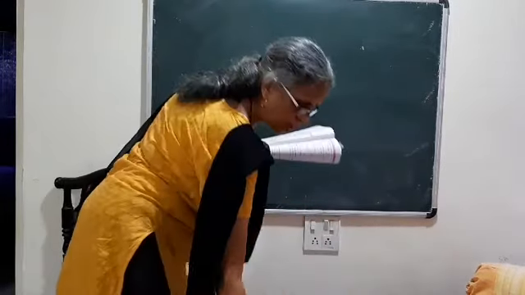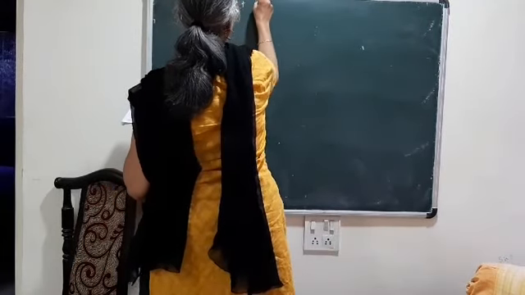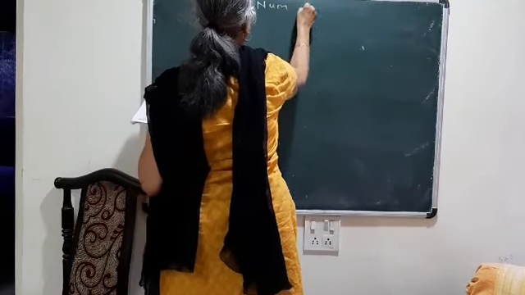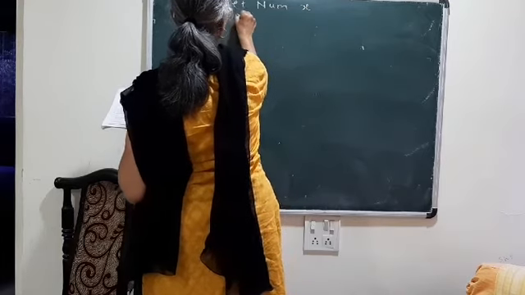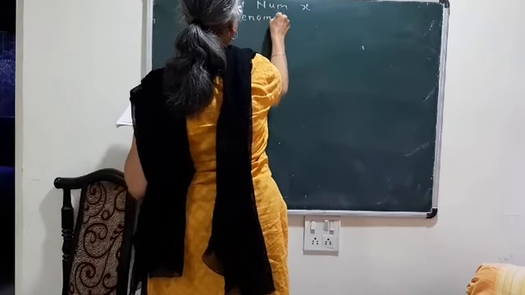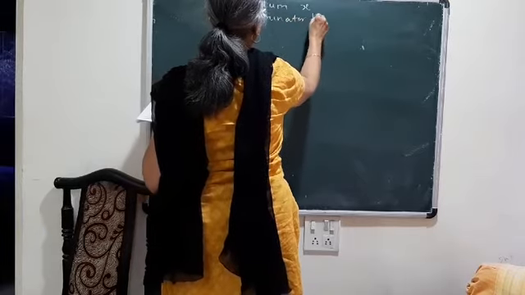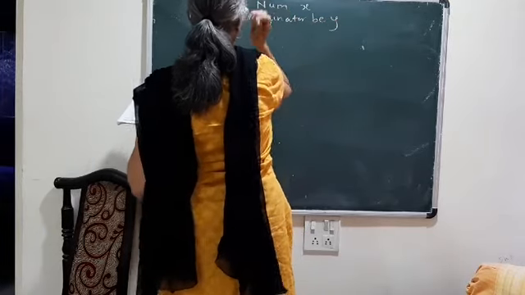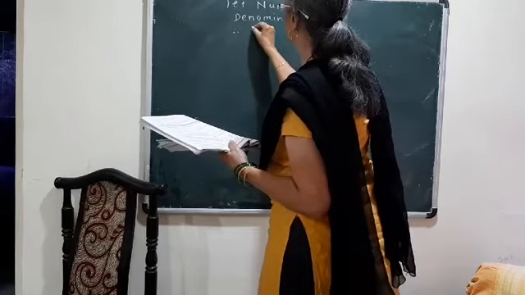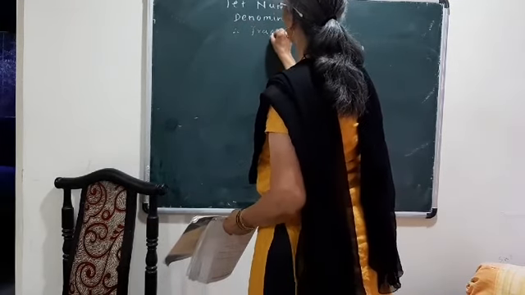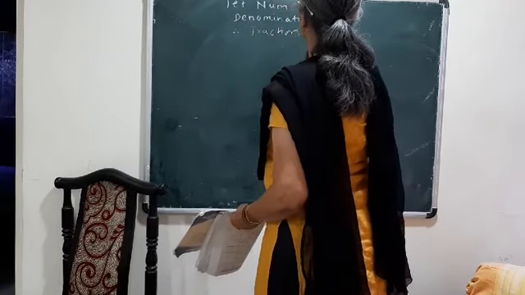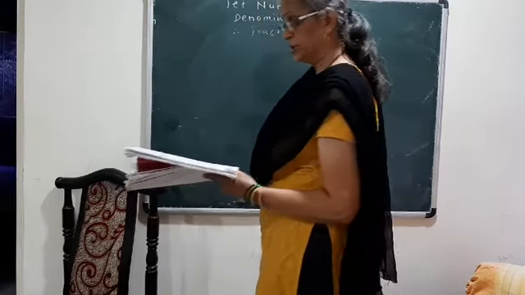So let the numerator be x and the denominator be y. What will be the fraction? Fraction will be x upon y. Followed?